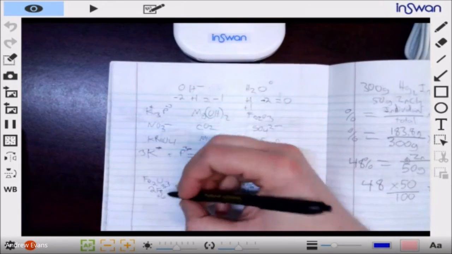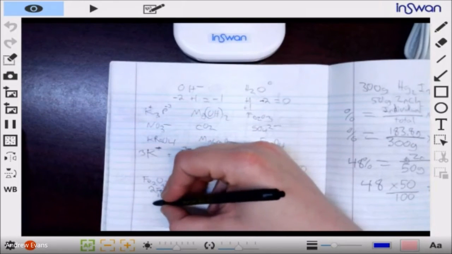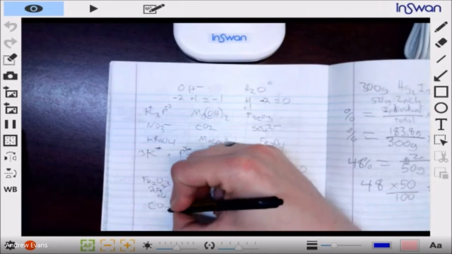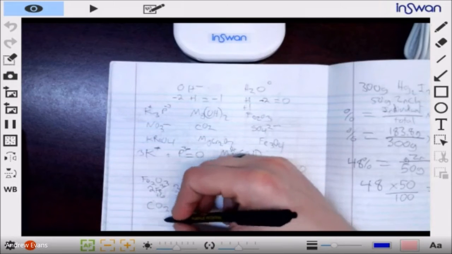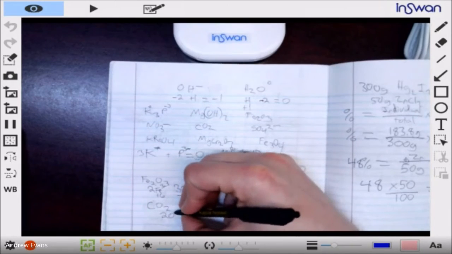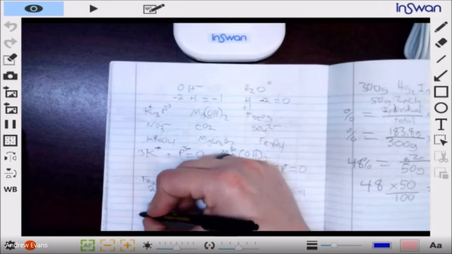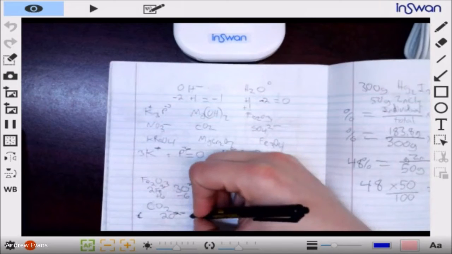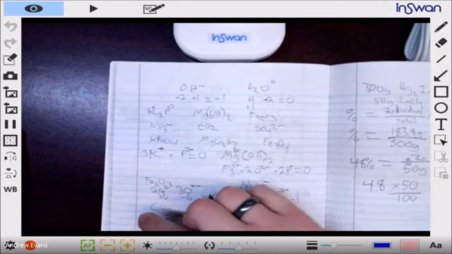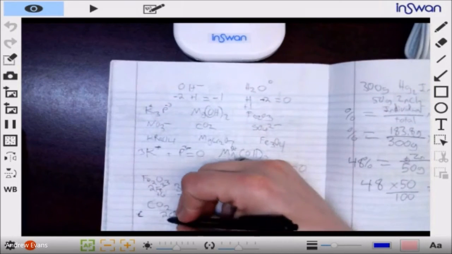Looking at CO2. Pretty common one. CO2. This is neutral. 2 oxygens, each at 2-. 1 carbon. All that adds up to 0. So -4.